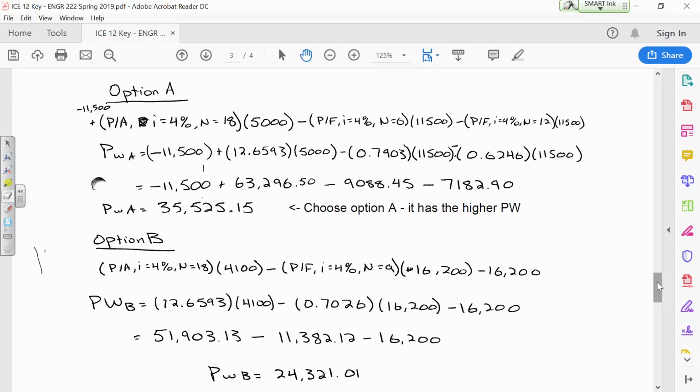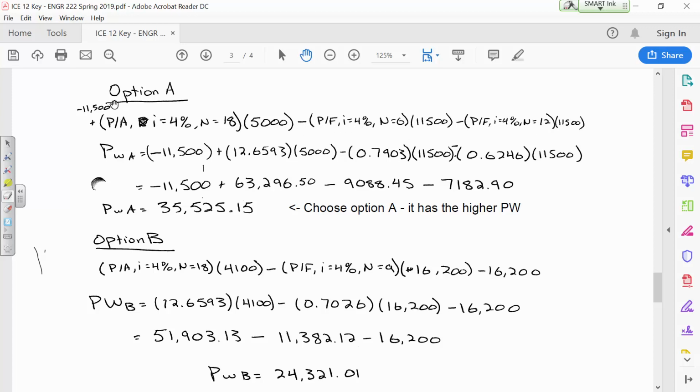This can get tricky, but we've got one annual series that goes through the entire 18 years, and then we've got two single future amounts. We've got that future amount in year 6. We've got the same magnitude of the amount, but now we see it again in year 12, so it's not going to be worth quite as much. And you make note of the signs.